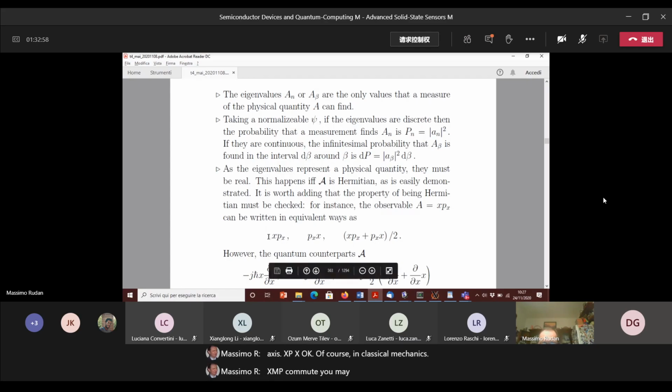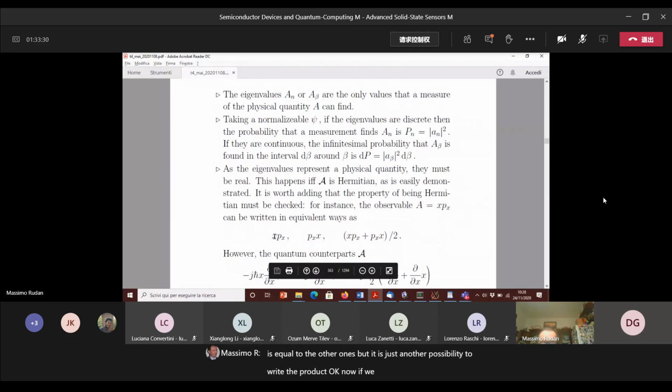You may take the product by placing x to the left, or you may place x to the right of p. Or you can also use a fancy expression in which you take xp plus px divided by 2. This looks strange, because of course it is equal to the other ones, but it is just another possibility to write the product.